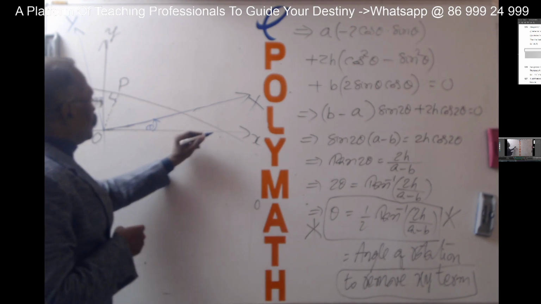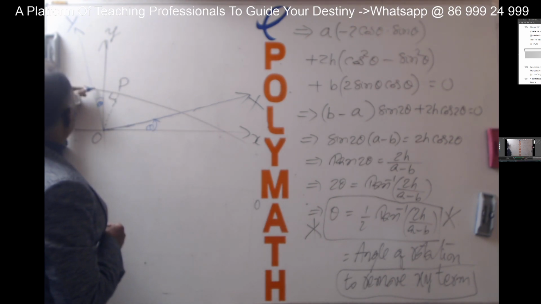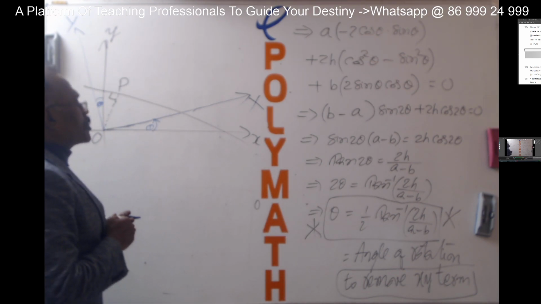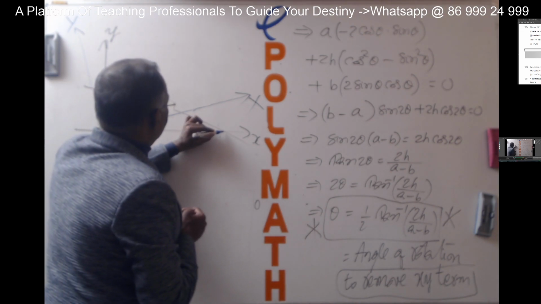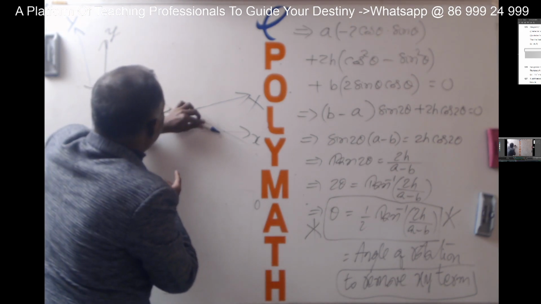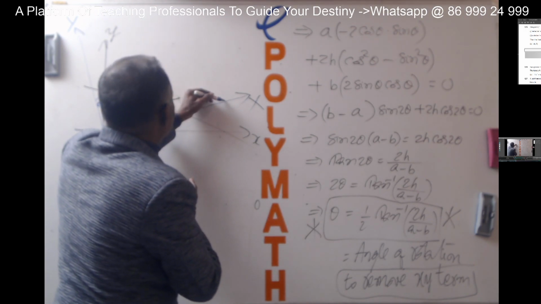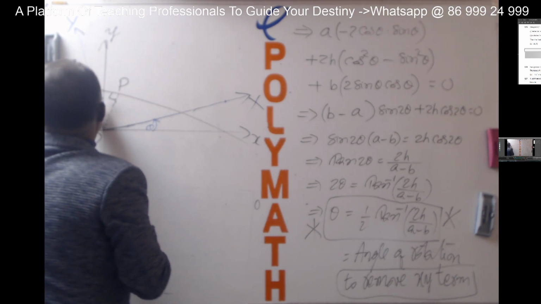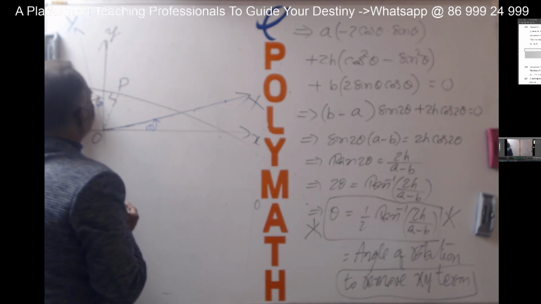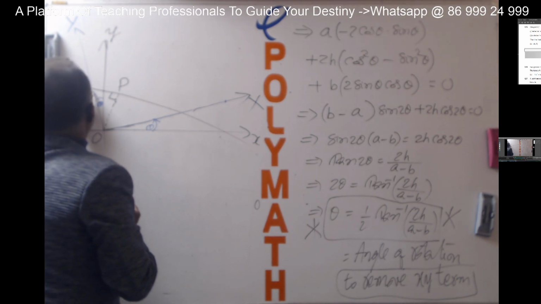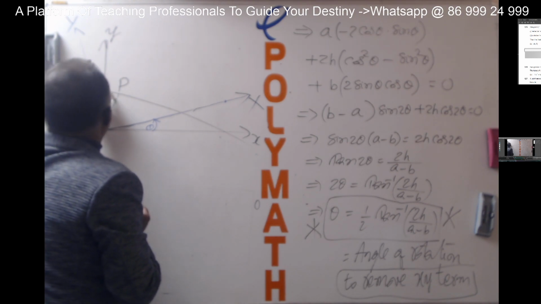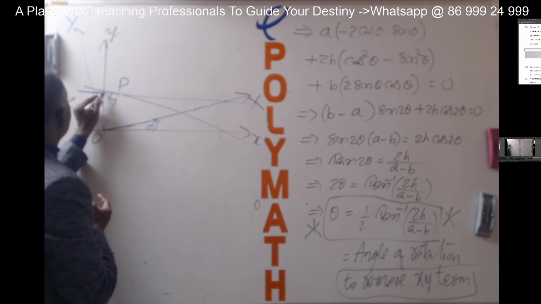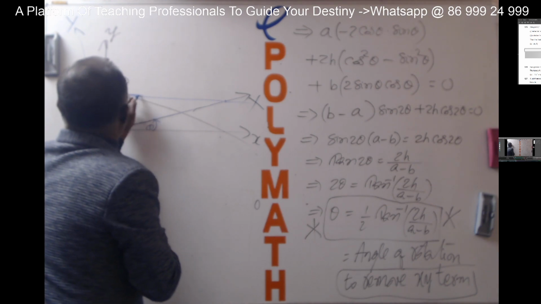Then what is happening? Whatever line is there will also be rotated. When the axes are rotated, the line will also be rotated. It will rotate like this, and this will go here. This is a new line, please.